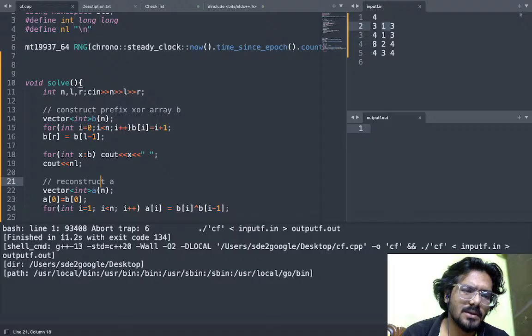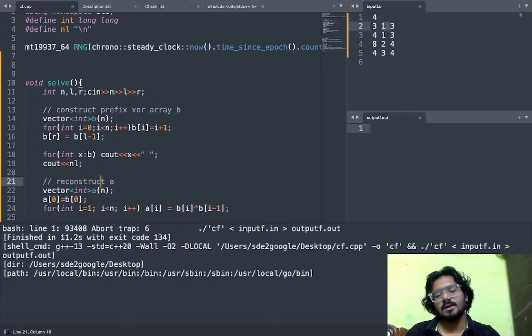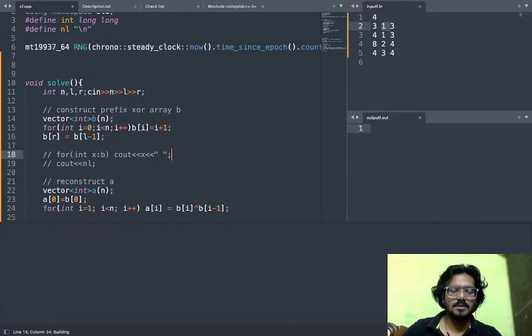You cannot print B. Okay, if this doesn't exist, then should we go forward?